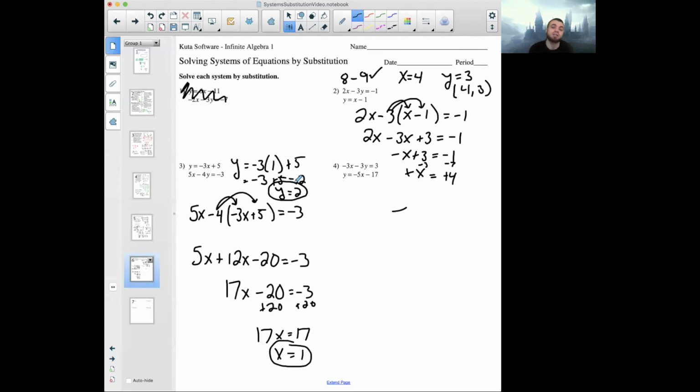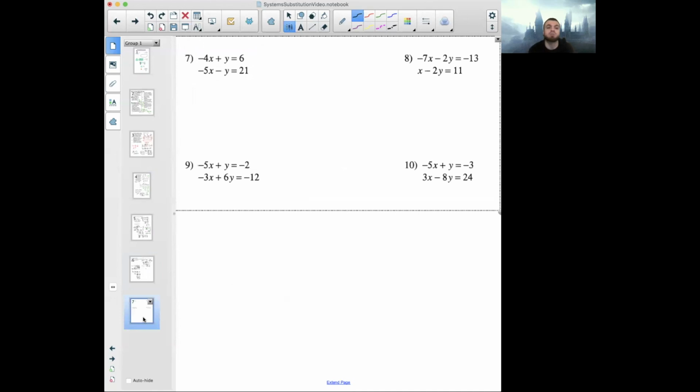All right, so that's a little example of how we do a couple of these. I'm going to move on to a couple more examples that are just a little bit different, okay? And here you can see that the variable is not alone. So I'm going to do 2 more examples, and then that'll wrap things up. I'm going to do number 8 and number 9. Okay, so number 8, we want to get one of the letters alone.